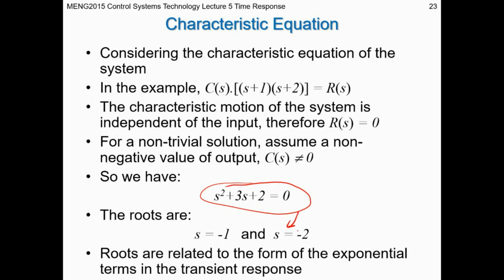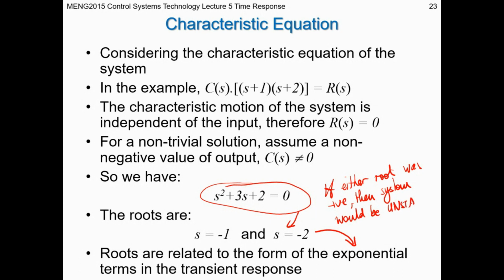You can find the roots, and the roots of the characteristic equation feed into your exponential terms. Now what that means, and this is where we're going to bounce off next time, is that if either root was positive, then you'd have a growing exponential term, which means the entire system would be unstable.